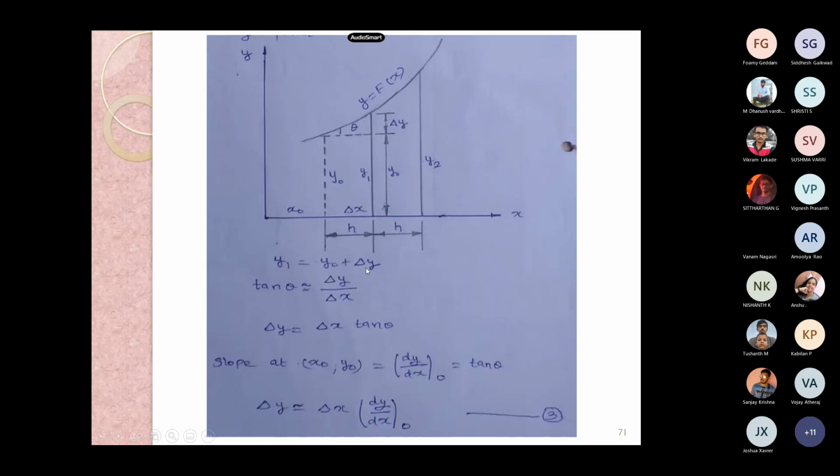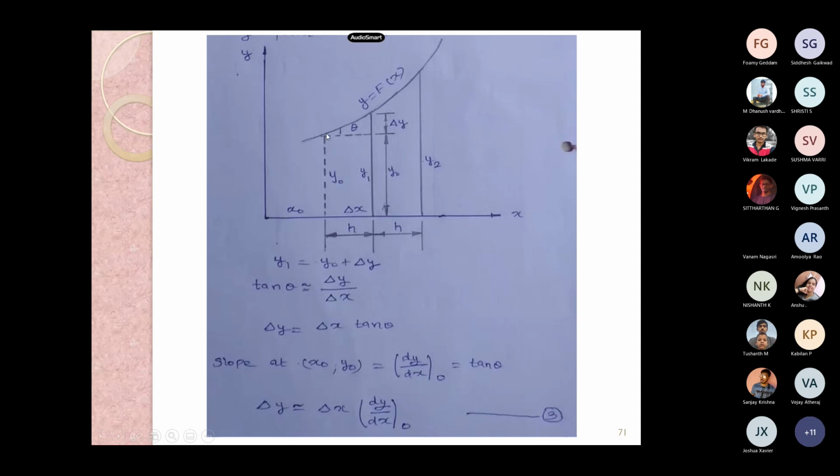In order to find the delta y, I am trying to build a triangle. In the triangle, tan theta is equal to opposite by adjacent. Delta y divided by the adjacent, which is delta x. Therefore, delta y is equal to delta x into tan theta.